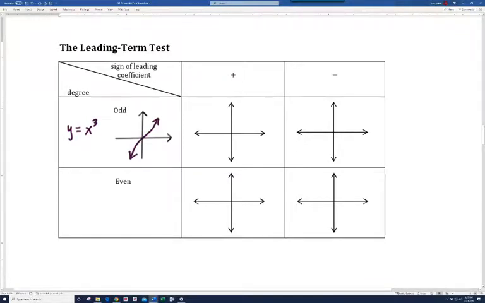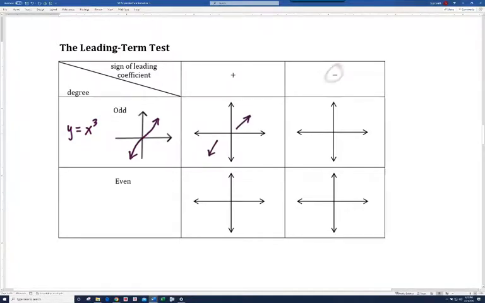Now, you'll notice that we're going to look at two cases: when the sign of the leading coefficient is positive, and also when it's negative. So if it's positive, it's going to have end behavior just like what we have here with y equals x cubed. It's going to fall on the left and rise on the right.